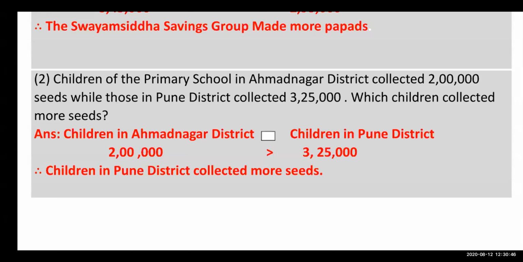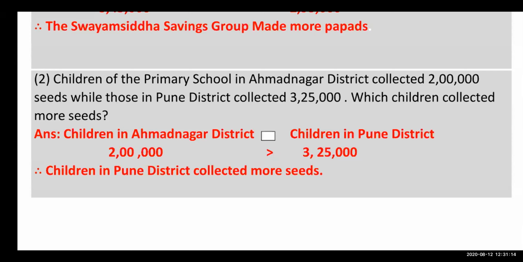Now second question. Children of the primary school in Ahmednagar district collected 2 lakh seeds, while those in Pune district collected 3,25,000. Okay, which children collected more seeds? Now one primary school is there, and in Ahmednagar, that school children collected 2 lakh seeds. अहमदनगर का प्राइमरी स्कूल के जो बच्चों ने 2 लाख सीड्स कलेक्ट किया.